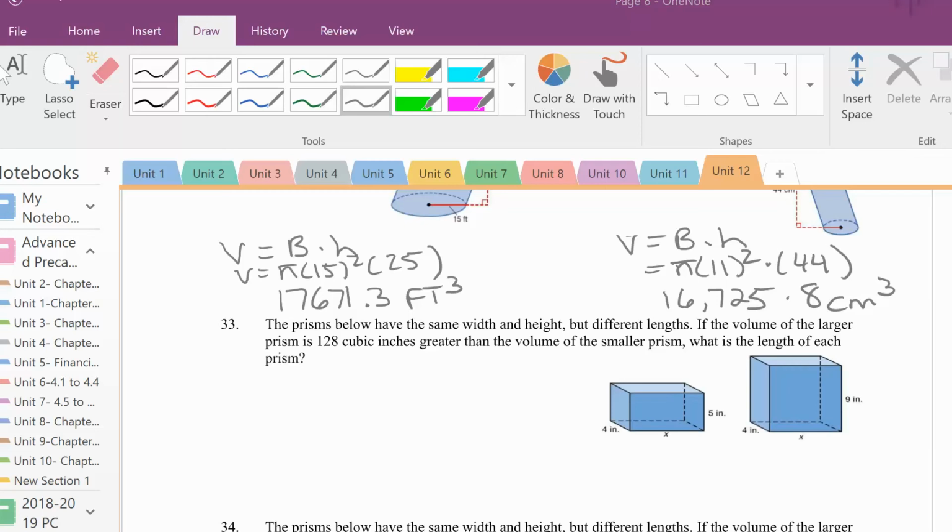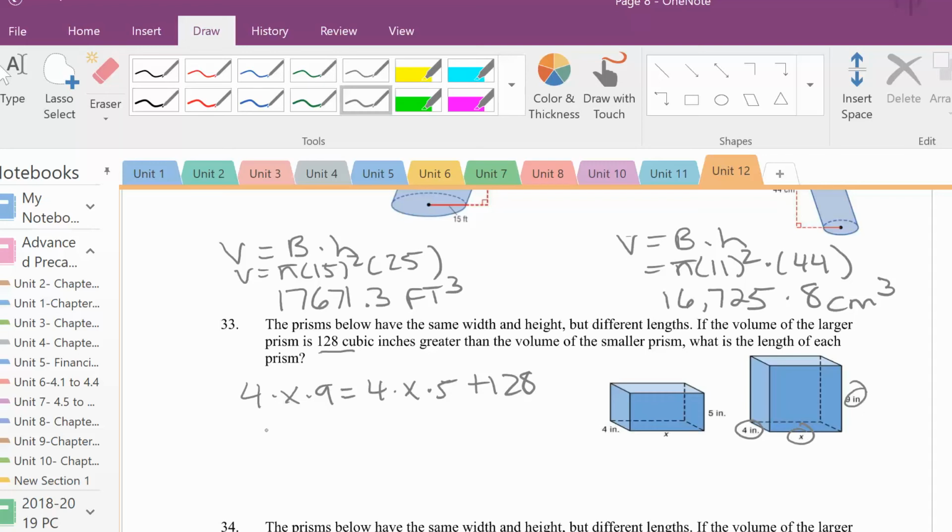So to find the volume of the larger one, we go 4 times x times 9. And to find the volume of the smaller one, we go 4 times x times 5. But then we have to add 128 because the smaller one is 128 less.